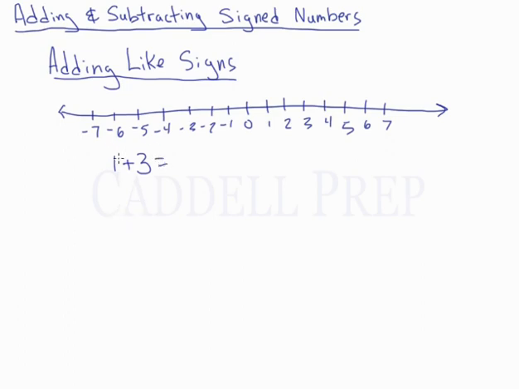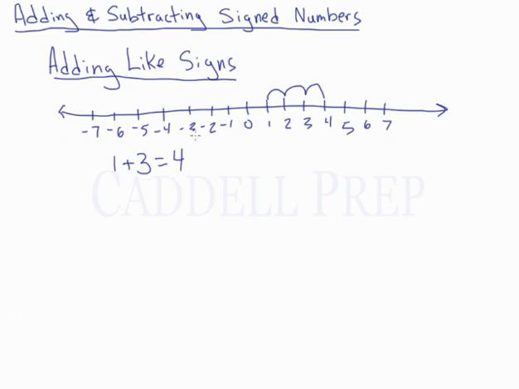Okay, this is just positive 1 plus 3, 4. Okay, let's see why that is true. When we have 1 and we add 3, we're really starting at 1, and we're adding 3 more. So now we have 1, 2, 3 more. We end up with 4.